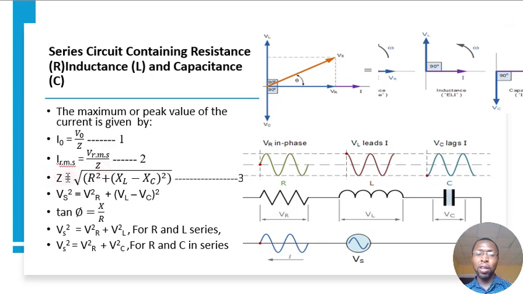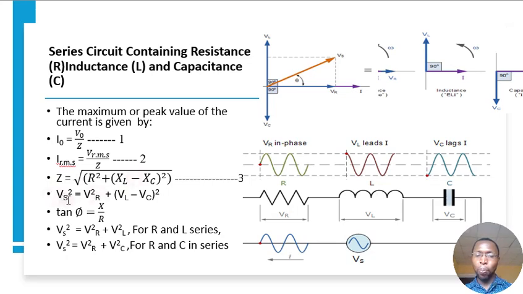The impedance itself by formula is the square root of the square of resistance plus, in brackets, the difference of inductive reactance and capacitive reactance, all squared. If you want to determine the total resistance offered by the three components, this is the formula you use.